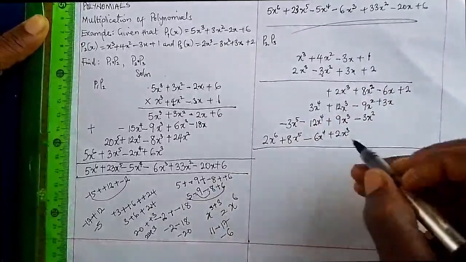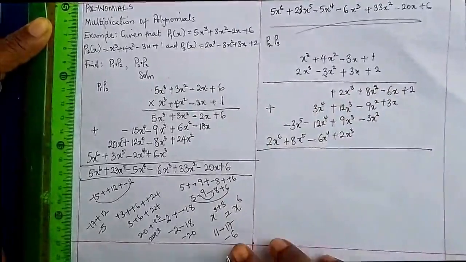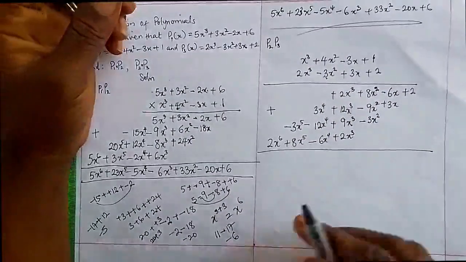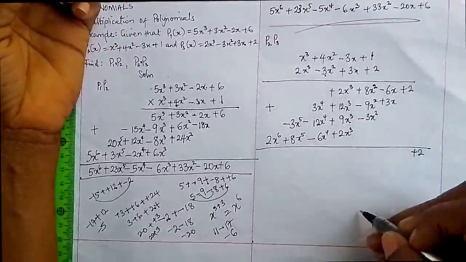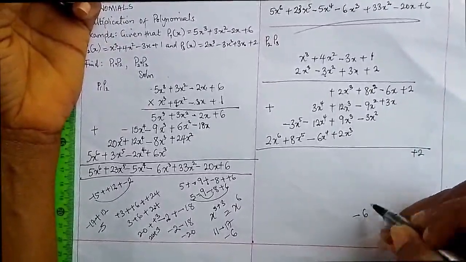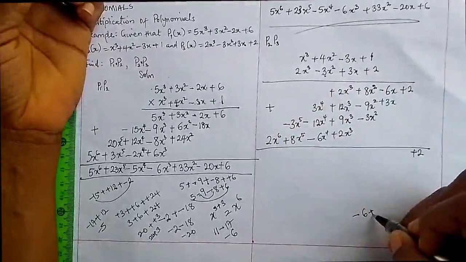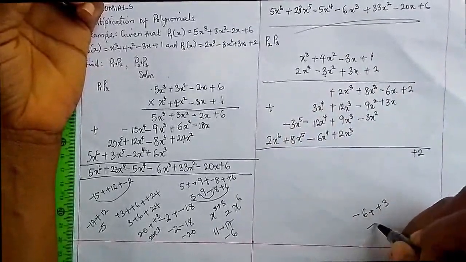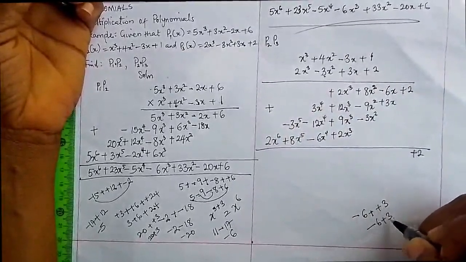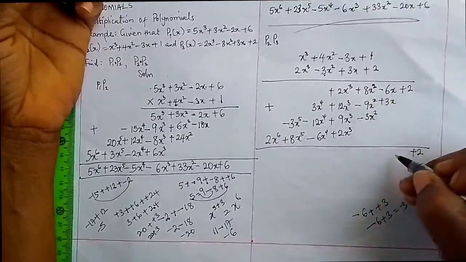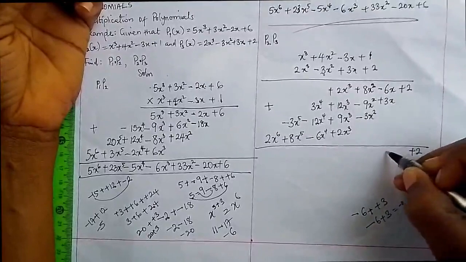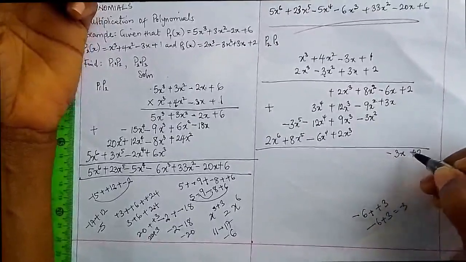Then we add up, just the way we did our addition here. So what we have here is bring down plus 2. Now we have minus 6 plus 3, which is equal to minus 3. Don't forget to add your variable there. The variable there is x. So we have minus 3x.